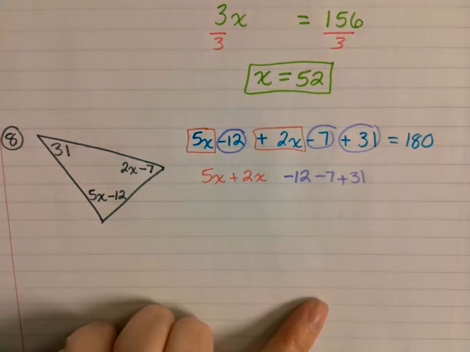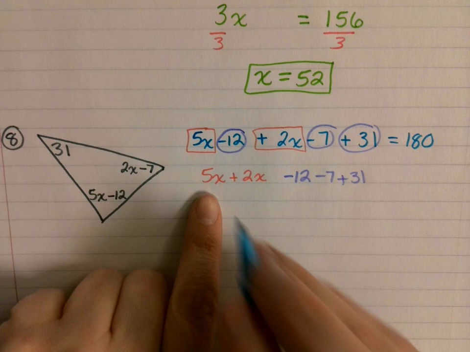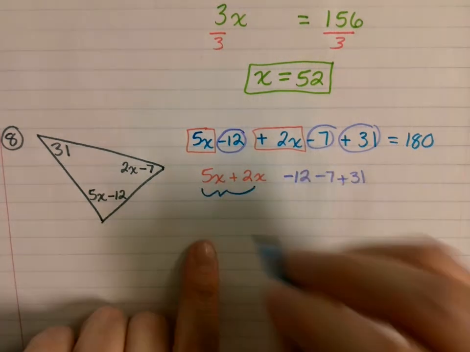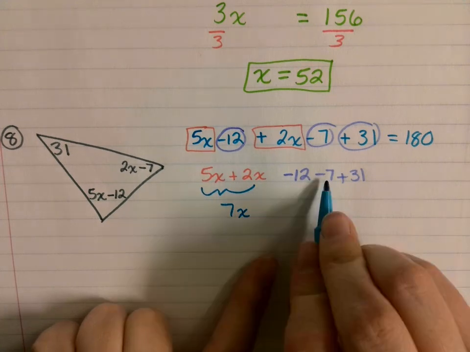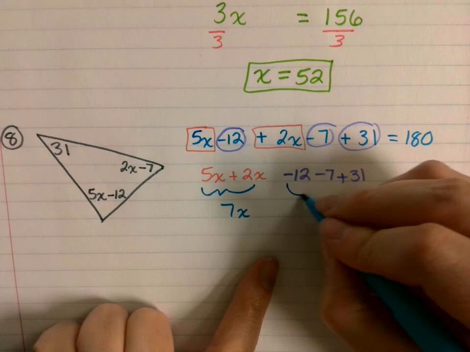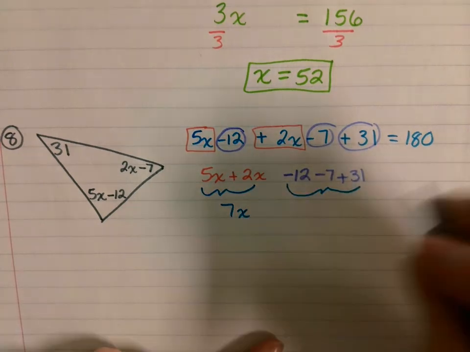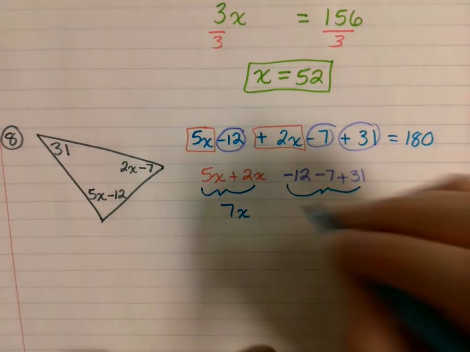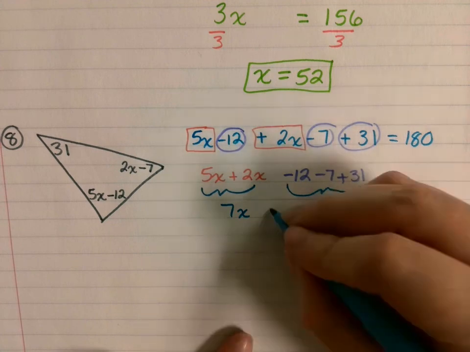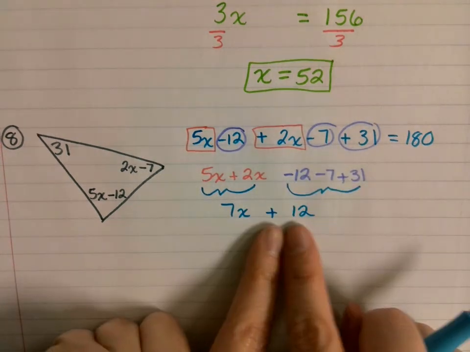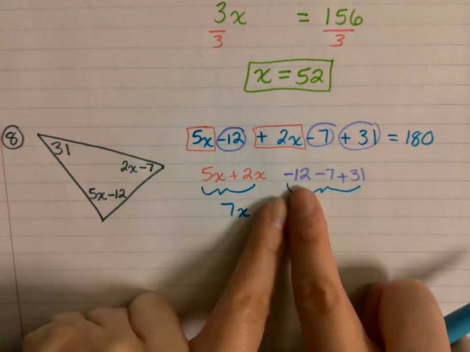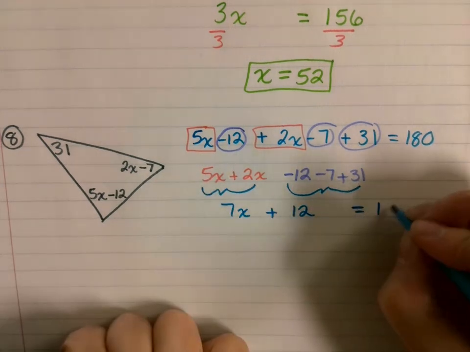5x plus 2x is going to come out to 7x. Negative 12 minus 7 plus 31 is going to come out to a positive 12. So we get 7x plus 12 when we simplify that whole expression down, and all of it is set equal to 180.